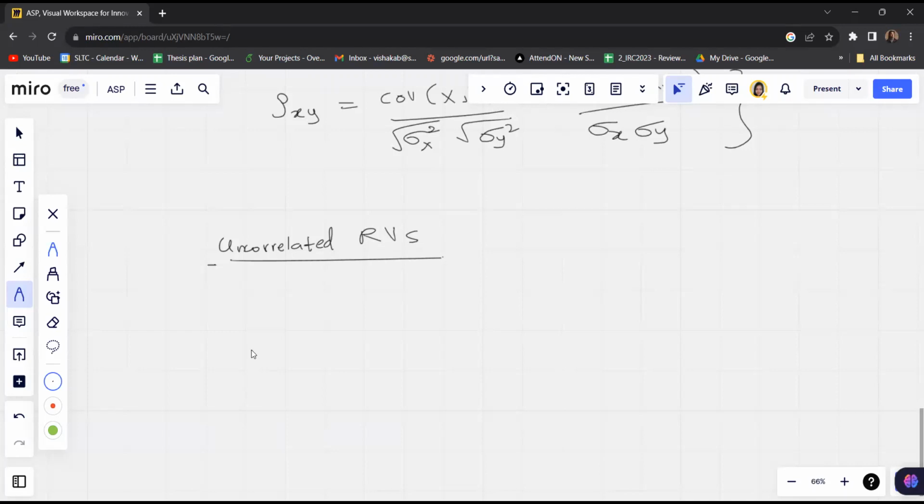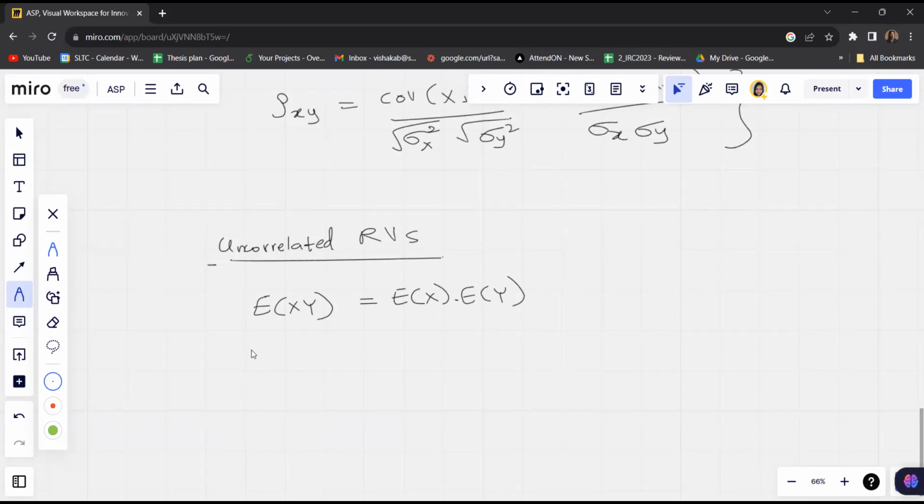They are not similar. There's no relationship between them. So we define these kind of uncorrelated signals by this feature: EXY should be equal to EX times EY.